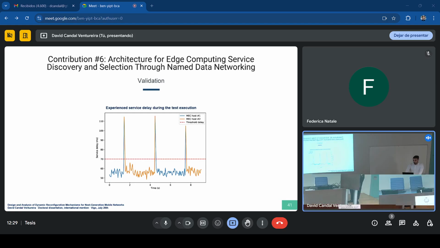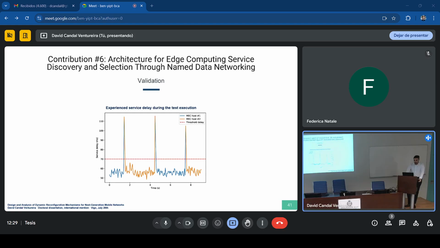In our evaluations, we implemented the solution in such a way that the device waits for the response of the service, even if it's delayed more than the threshold, as shown here in this image.